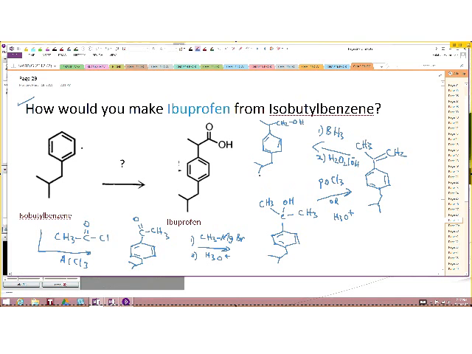So that gives you that, right? So now you form your primary alcohol. Then from the primary alcohol, you oxidize the primary alcohol. It's chromium trioxide in basic medium. I'm sorry, in sulfuric acid. Okay? And that gives you the ibuprofen.